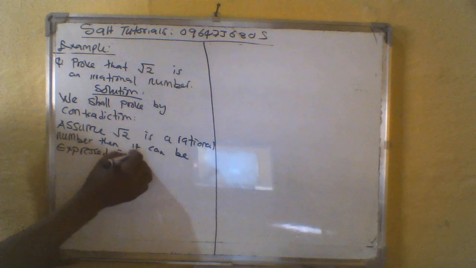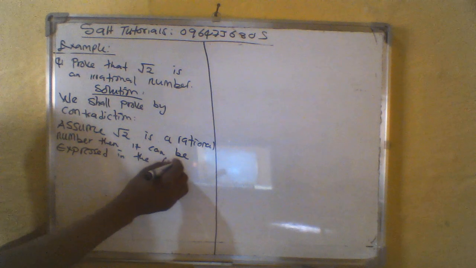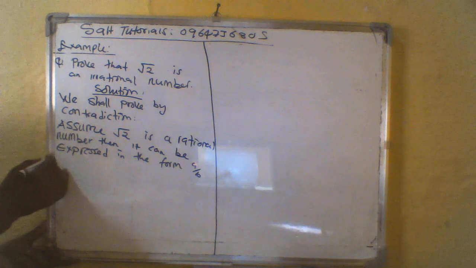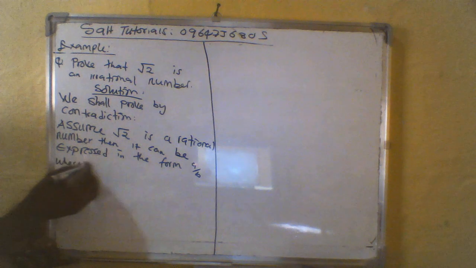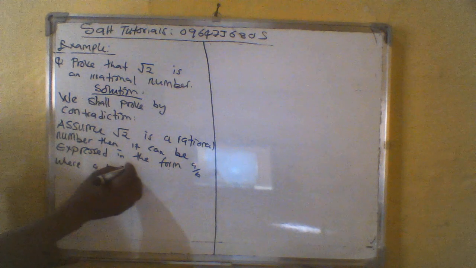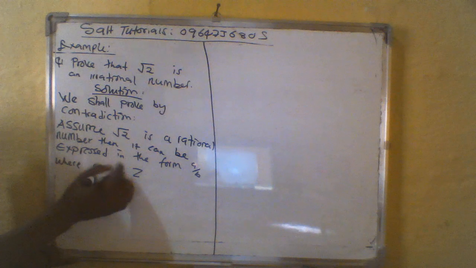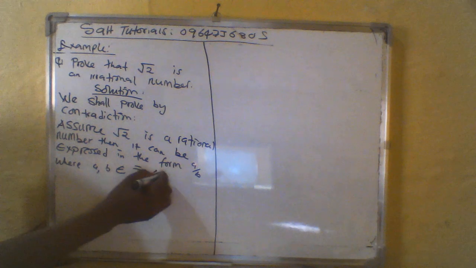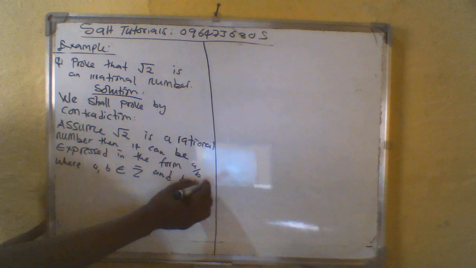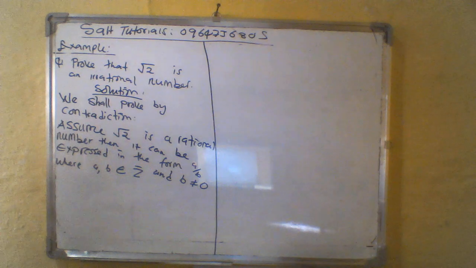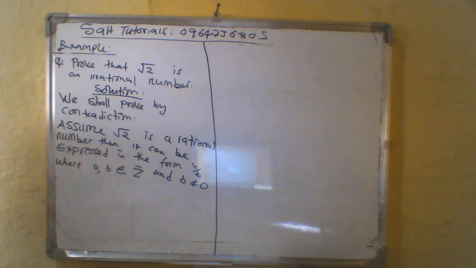in the form a over b, where a and b are members of the integer set and b should not be 0. You tell them just from the definition of a rational number.